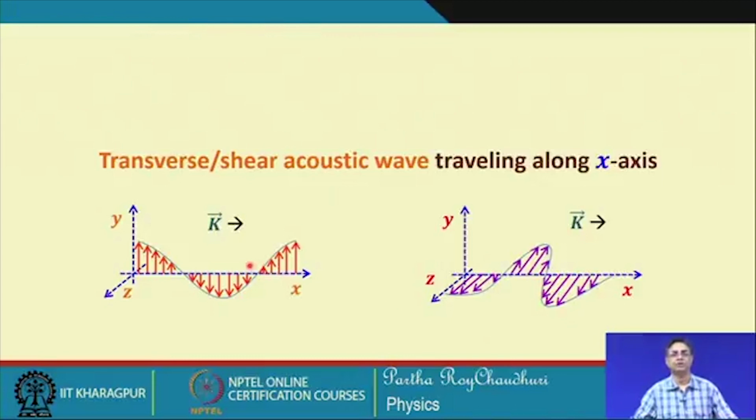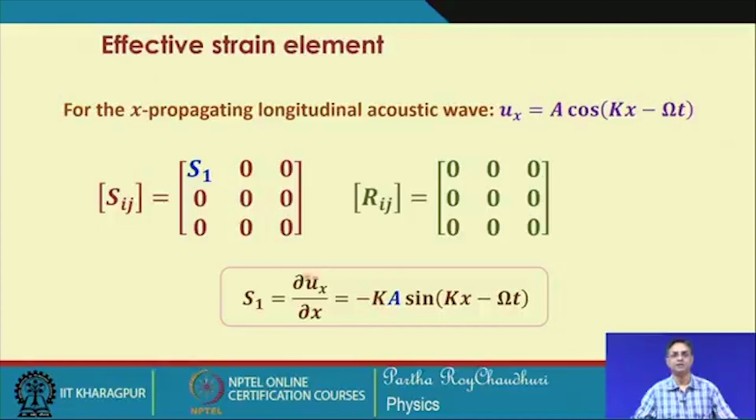So for the case of the longitudinal wave, we see that this equation is very straightforward. You have only one element, and we will have to work with only one element to see how this S1 changes the refractive index in the medium because of the periodic compression and rarefaction, which has a periodicity given by this propagation constant k, equal to 2 pi by lambda.